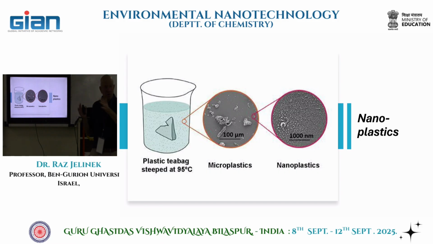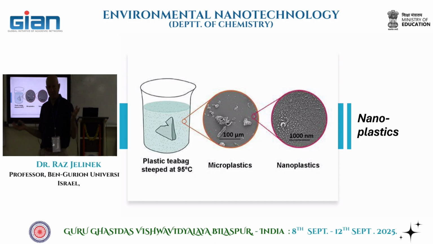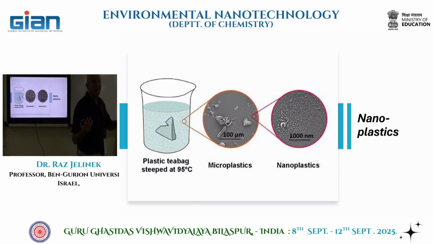From our water bottles, our chairs, our shirts, our textiles. Everything is plastic. And when we take plastics and we wait 1 month, we wait 1 year, we wait 10 years.